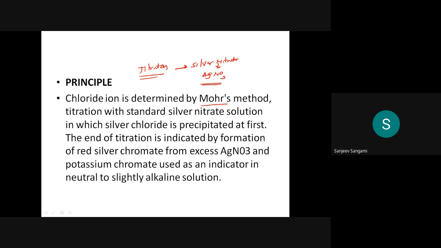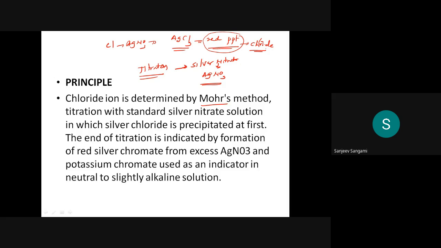The principle is that when chloride-containing water reacts with AgNO3, it forms AgCl. This is the red precipitate. Once the red precipitate is formed, you assume that chloride is present.